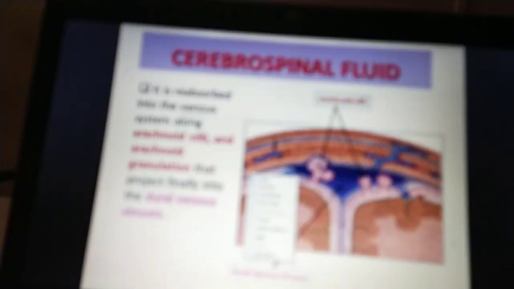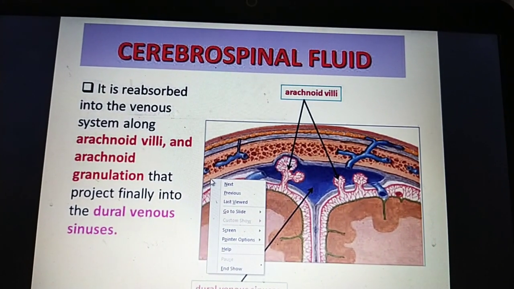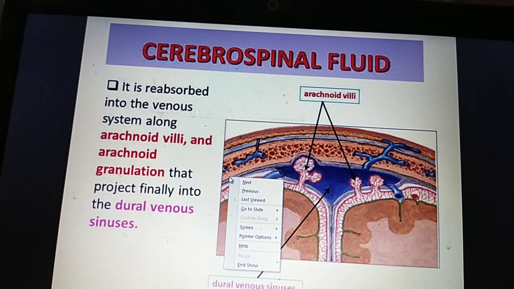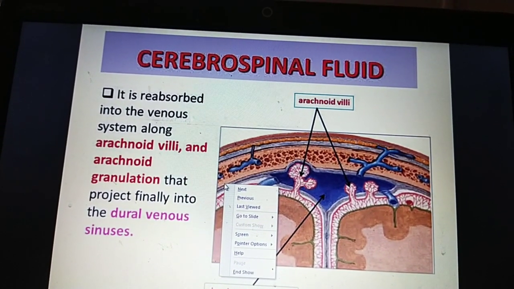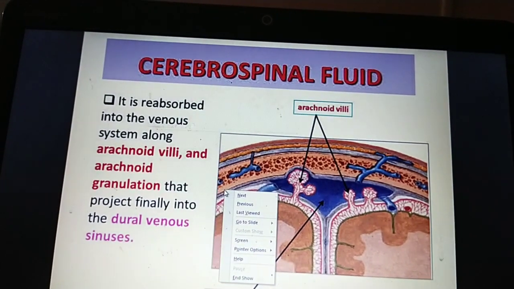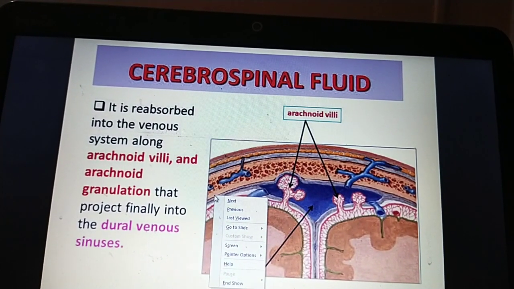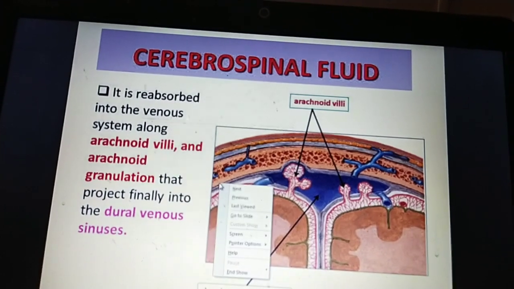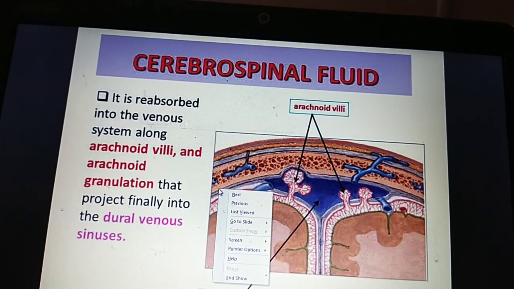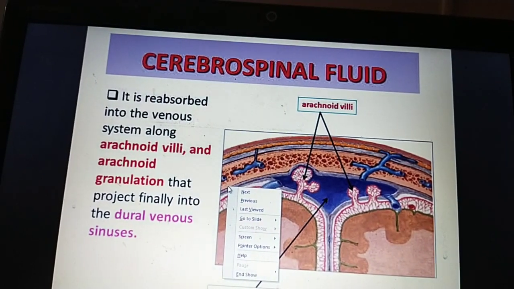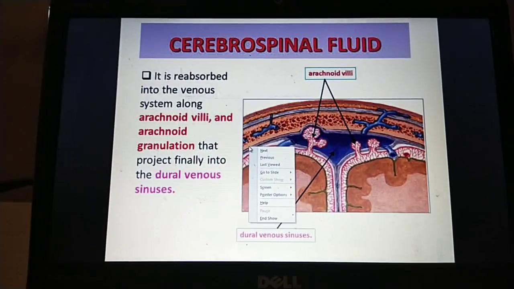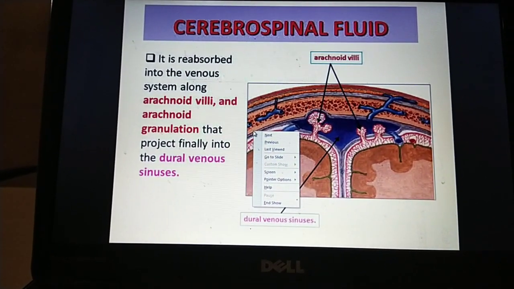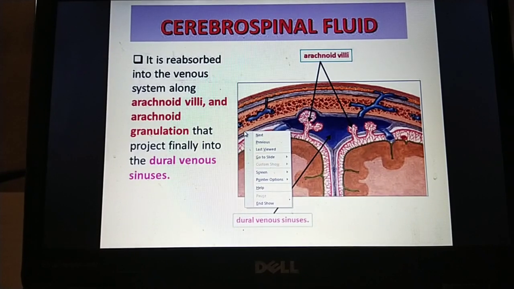CSF is formed in the choroid plexus by both filtration and active transport. In a normal adult, the CSF volume is 125 to 150 ml, and approximately 20% of the CSF is contained in the ventricles. It is reabsorbed in the arachnoid villi, arachnoid granulations, and dural venous sinuses.